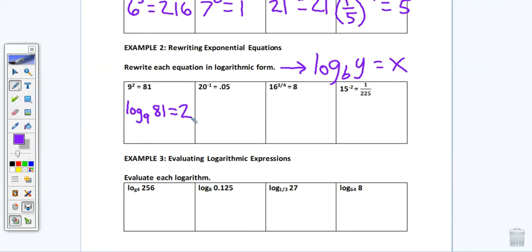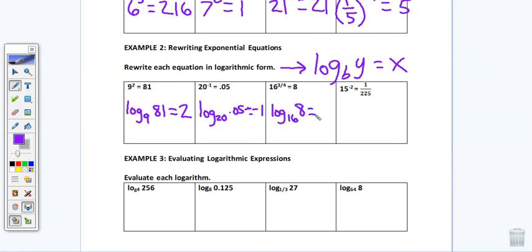Who needs more time? Who wants to tell me the next one? Yep. Awesome. Who wants the next one? Log base 16 of 8 equals 3.